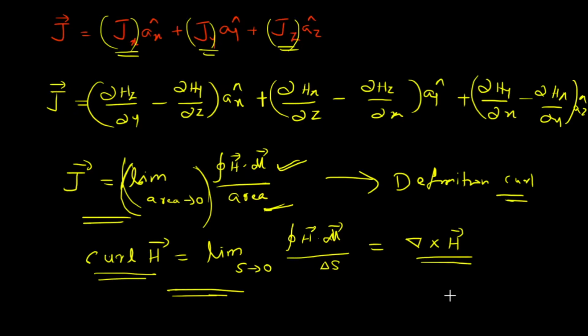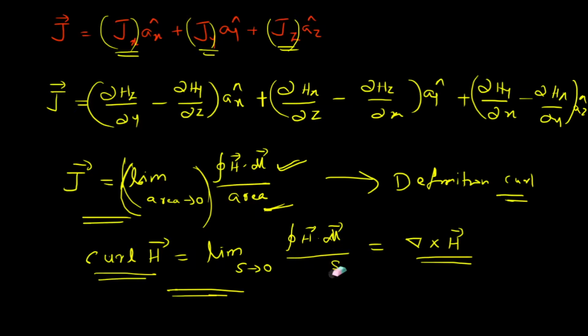So del cross h is the ratio of the line integral of magnetic field intensity over a closed path to the surface area as the path shrinks to 0. If this delta is confusing you, you can take it as s also. Because I have taken the limit s tends to 0, you can consider this as s if you want.